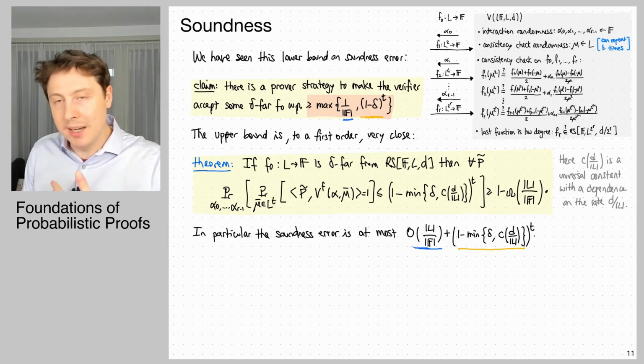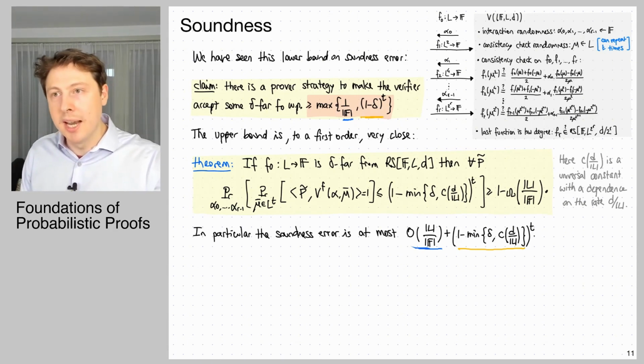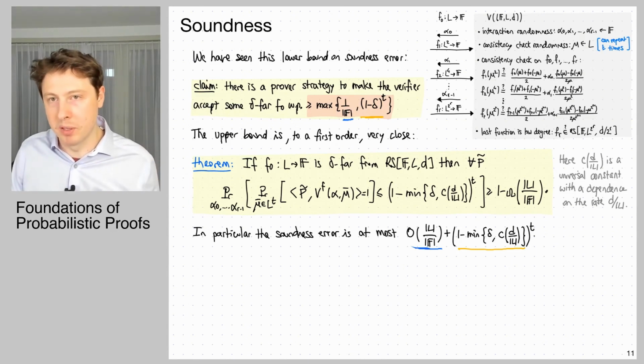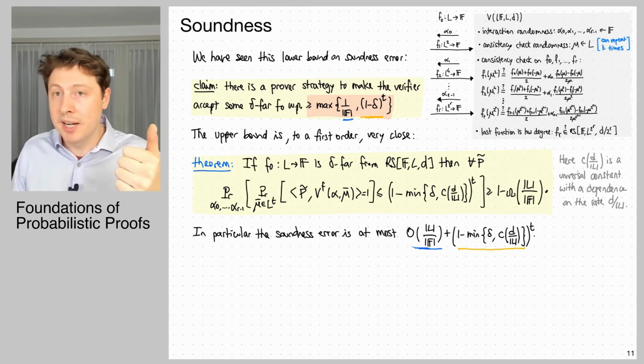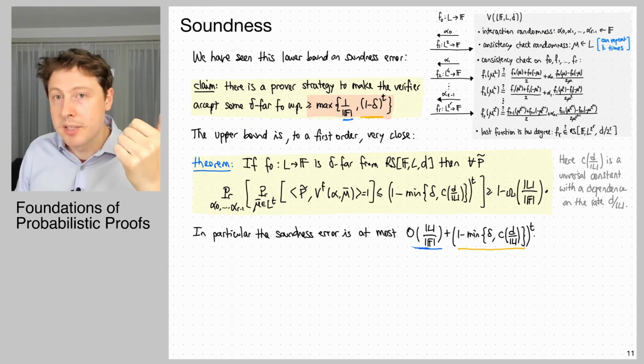It is basically 1 minus delta to the t, except that it bottoms out at some point. If delta is too large, if you're too far, then we can't say that you're going to reject with that much probability.